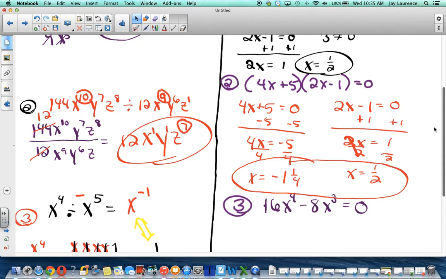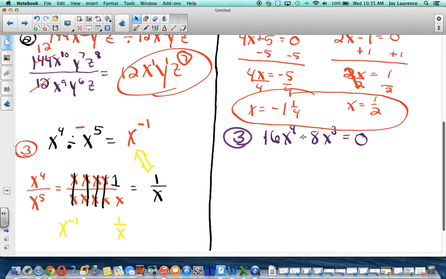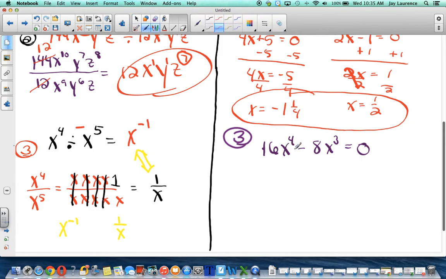All right, one more. We're going to get some practice with this in class. One more will be, let's see, let's find the GCF. And I think in this case, it's going to be an 8x cubed, right? And so I'm going to divide by an 8x cubed, divide by an 8x cubed.